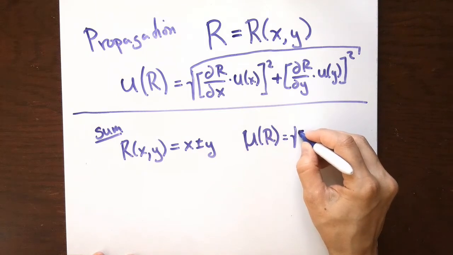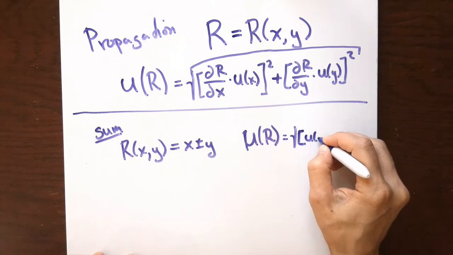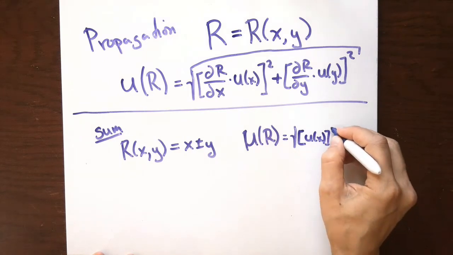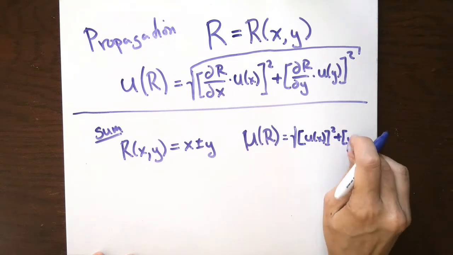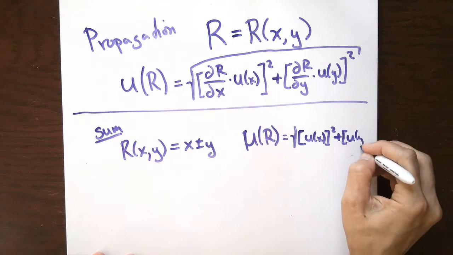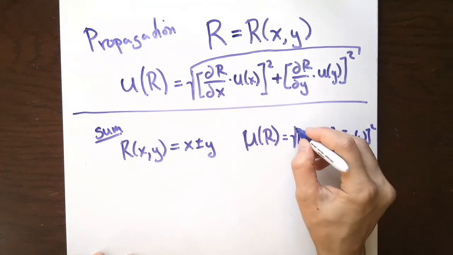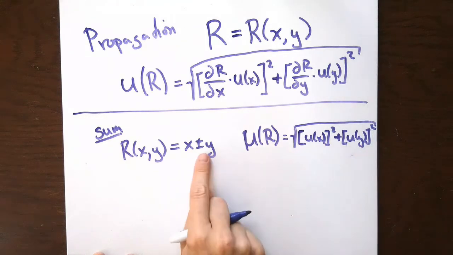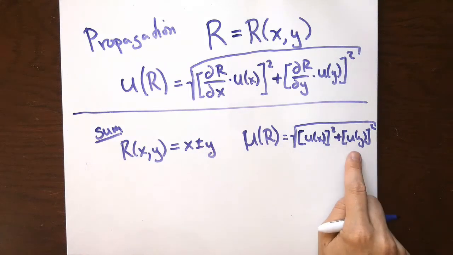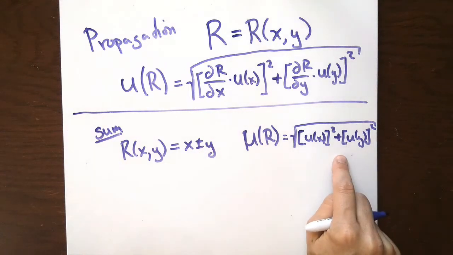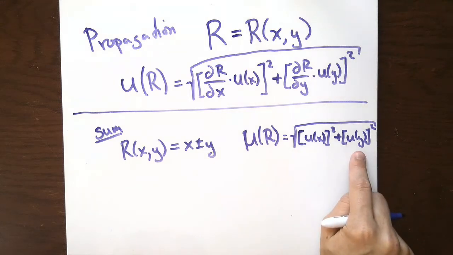So we're going to add those uncertainties in quadrature. So the uncertainty associated with x, that'll be squared, plus the uncertainty associated with y. That'll be squared too. And it doesn't matter if this is a plus or a minus. You always add the uncertainty because you don't get less uncertain adding two things with uncertainty. The uncertainty always goes up.